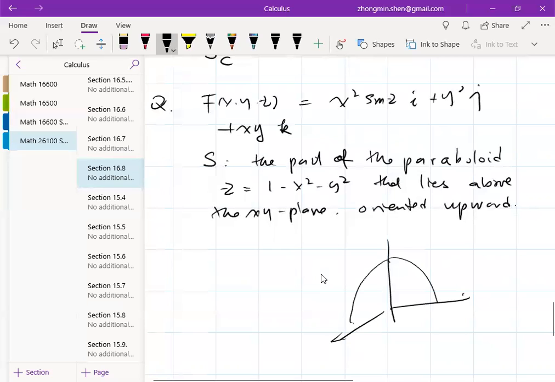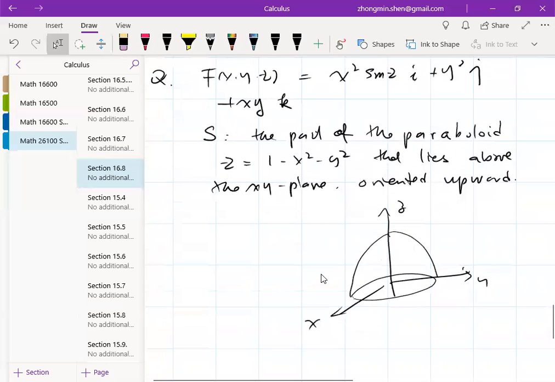When z equals 0, you get a circle in the xy plane. All right? So this surface is oriented upward, meaning the normal vector field is shooting in this direction.